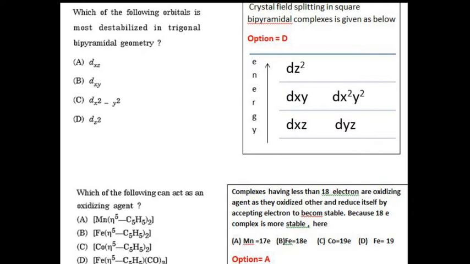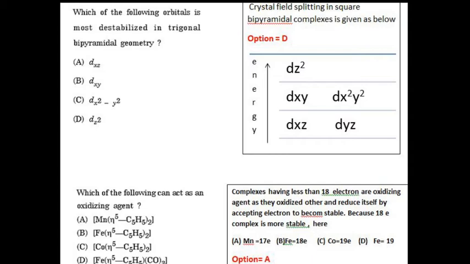The next question is about the oxidizing agent. Which of the following can act as an oxidizing agent? We know that complexes having less than 18 electrons are oxidizing agents as they oxidize others. They want electrons, so they oxidize others and they self-reduce by accepting electrons to become stable.